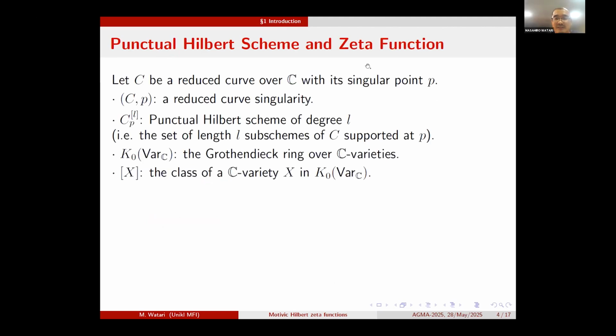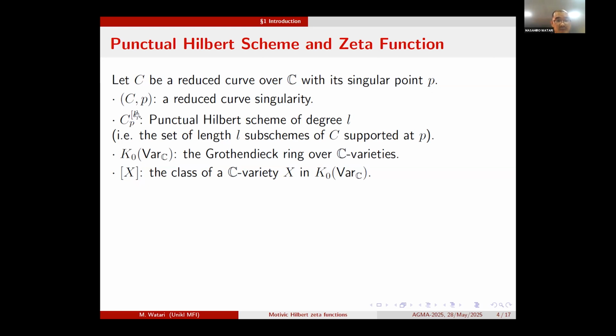Okay, first, let's fix notations. In my talk, C is always a reduced curve, maybe not irreducible, over the complex number field, and P is its singular point. We always call the pair C and P a curve singularity.